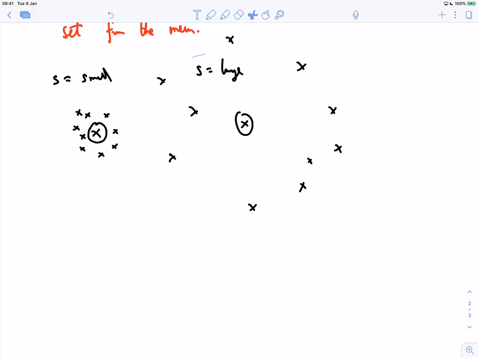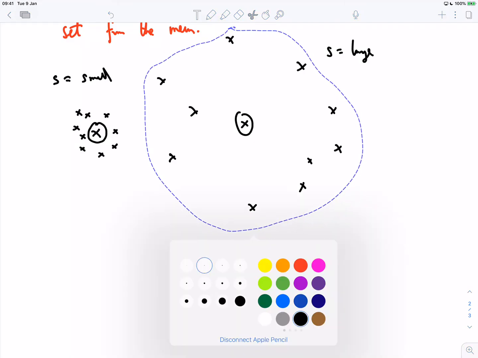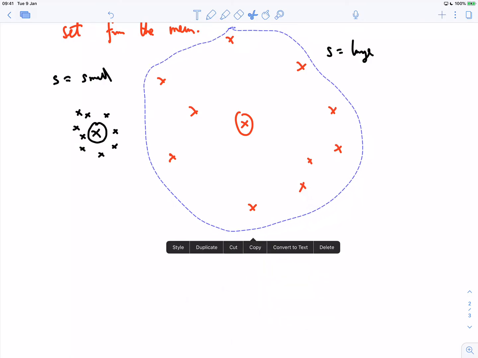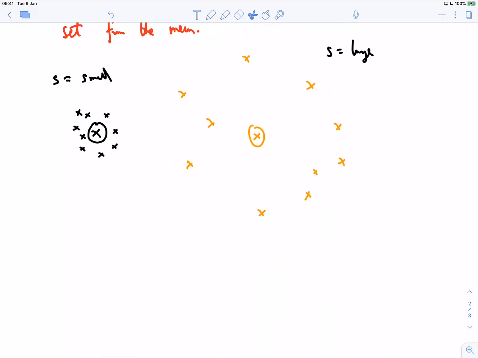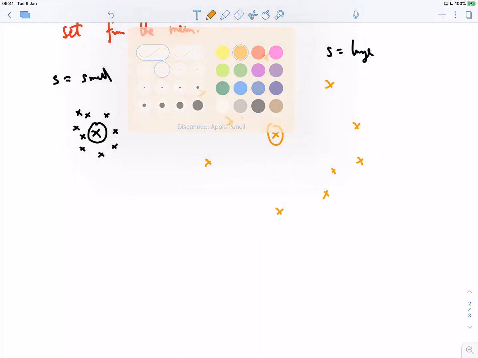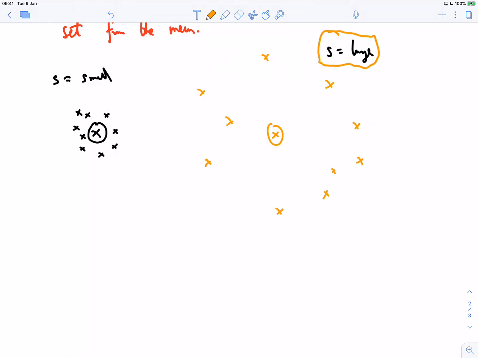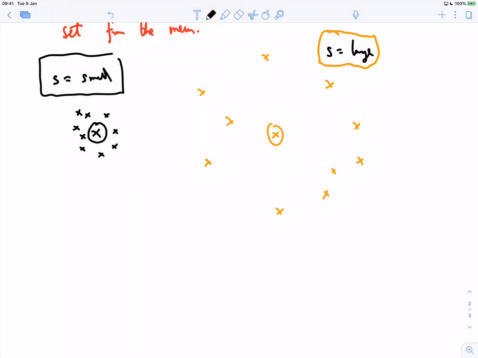Let's put that there, and we'll turn this orange. So if S is large, then the data points are on average further away from the mean, like so. So you can tell how a data set is spread out just by looking at the standard deviation. The range isn't necessarily a good measure of spread, although it does work.